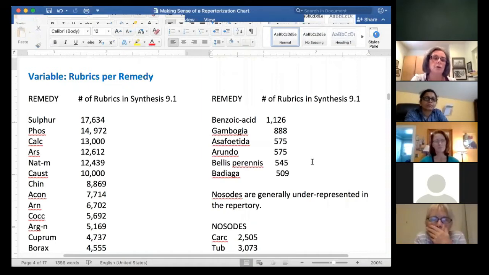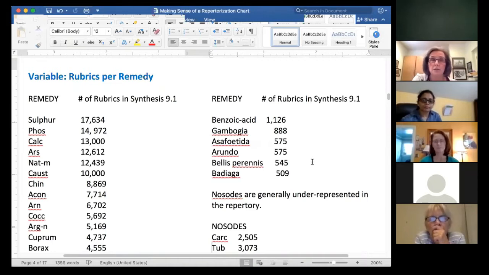So when you go to the repertory and you look up some rubric, chances are sulfur will be in many of those rubrics, because we have 17,634 rubrics for sulfur.